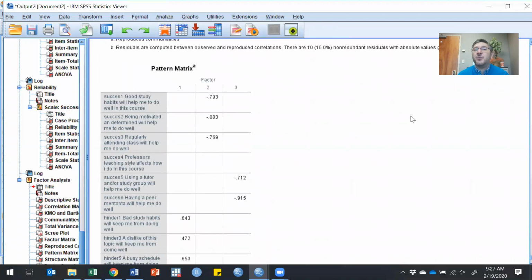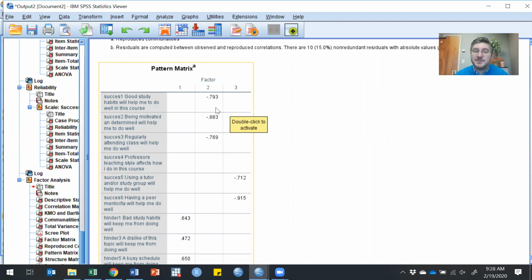You'll want to use both matrices to decide what's going on in your analysis. The pattern matrix contains what we typically consider our factor loadings.